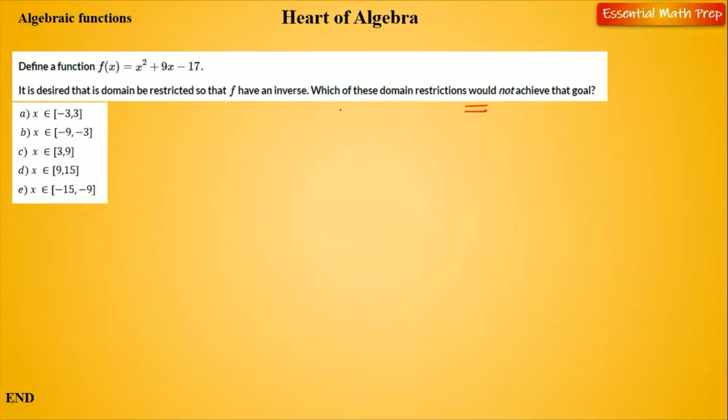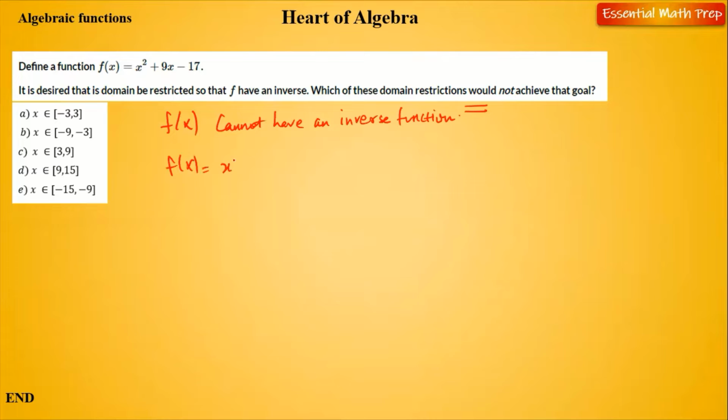What they're asking is f of x cannot have an inverse function. The only circumstance under which that happens is if the vertex of the parabola is within a specific interval. Under which condition f of x cannot have an inverse function.